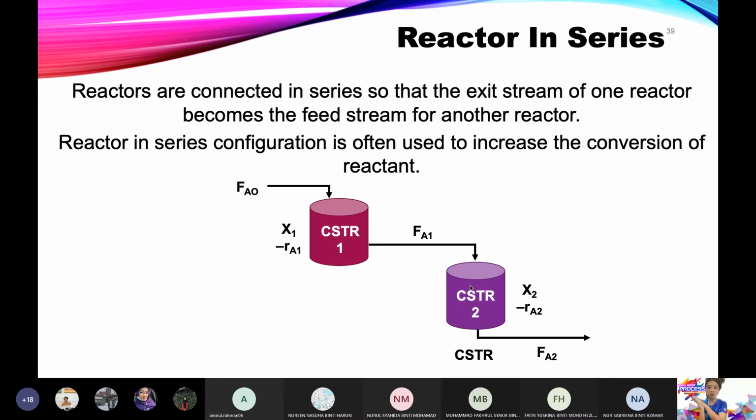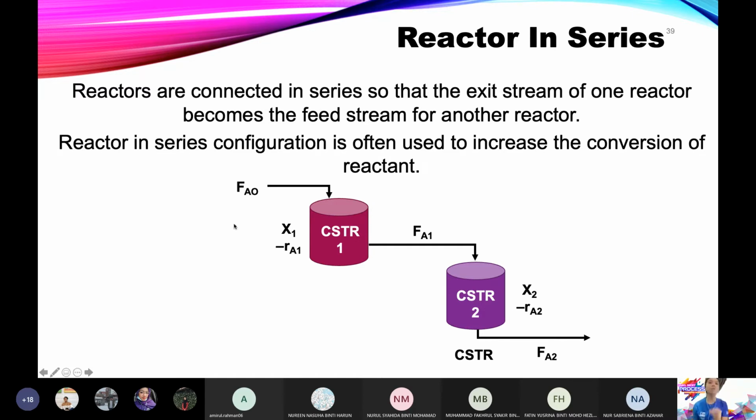Tu dah termaktub sebab kamu tak kacau sistem untuk FA1. Subsequently, FA2 okay, adalah molar flow rate that exits the second reactor, which is also the inflow to the third reactor. So kamu ada FA2, FA3, so on and so forth. So next concept, FA1 definitely lebih kecil daripada FA0.